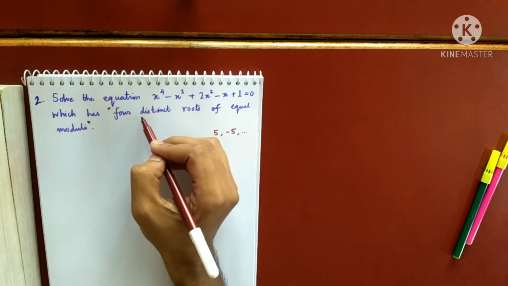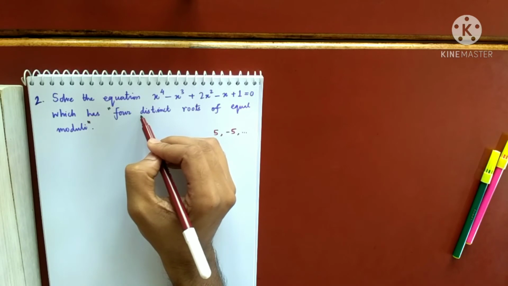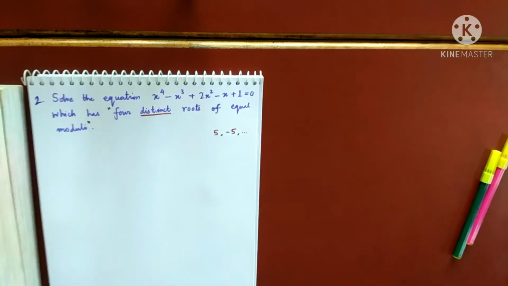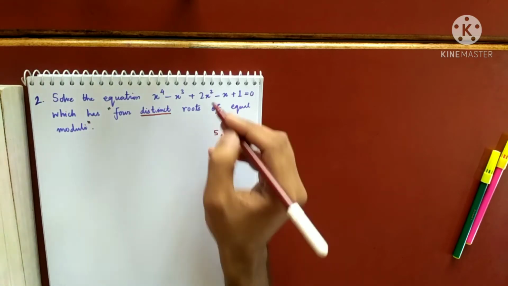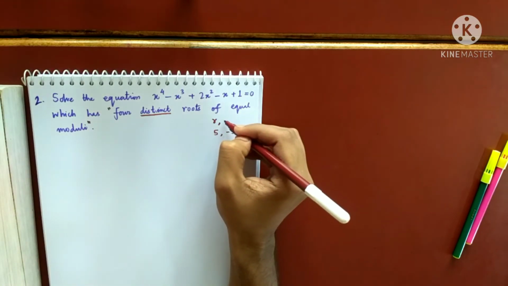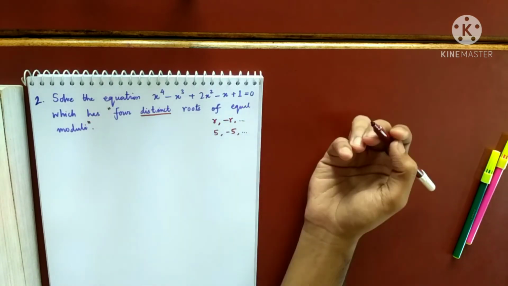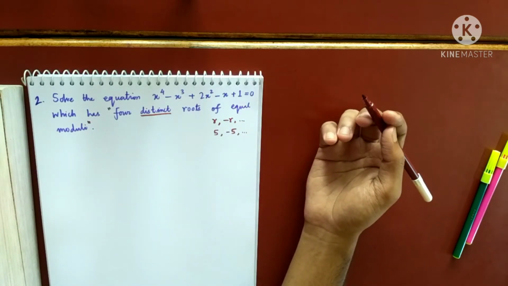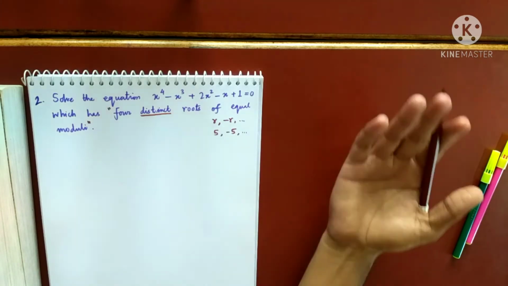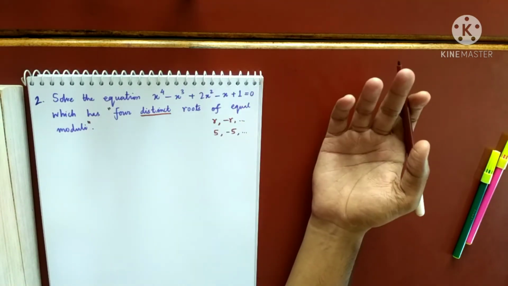In that case, what they have said, 4 distinct roots of equal moduli, will not be satisfied. So if I take one real root to be r, another real root can be minus r, and no other real root is possible, because then they will not be distinct. I cannot find any other real number whose modulus is again r.